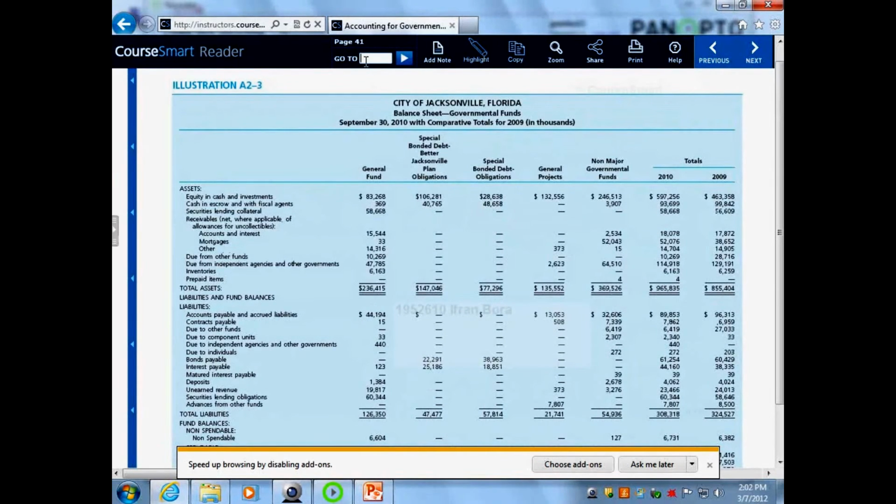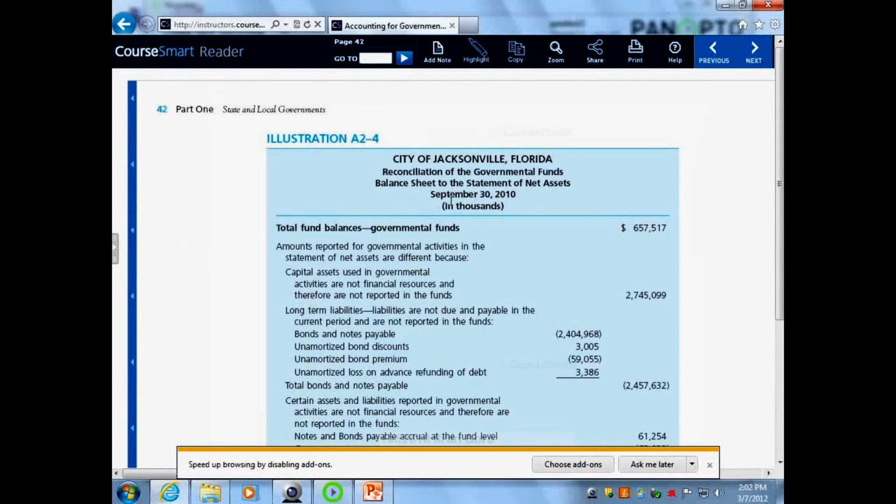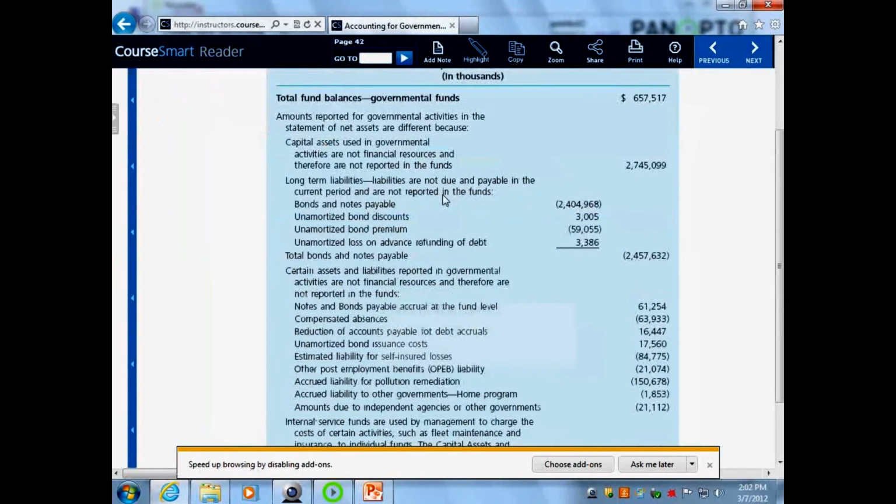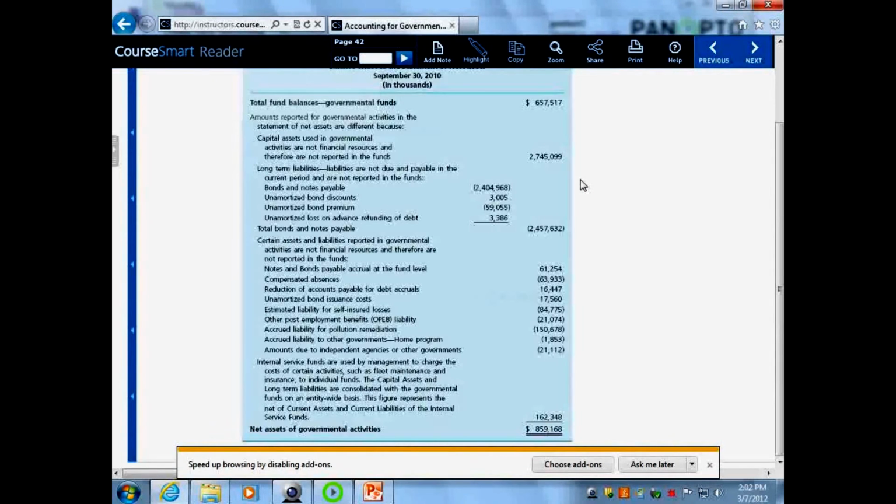Page 42. Now, I don't expect you to understand each of the reconciliation items, but I just want you to believe me that there is a reconciliation which occurs between the fund statement and the governmental activity, right?